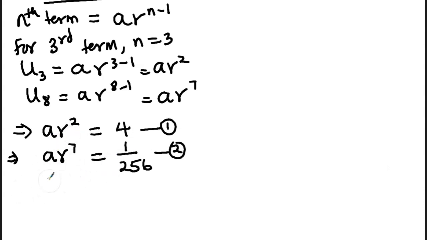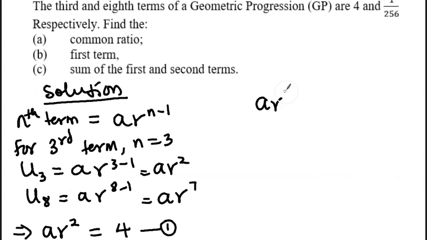To solve it, we have A in both equations, so when we divide, A will cancel out. Let's say equation 2 divided by equation 1. So we have A R to the power 7 over A R to the power 2 is equal to 1/256 divided by 4.